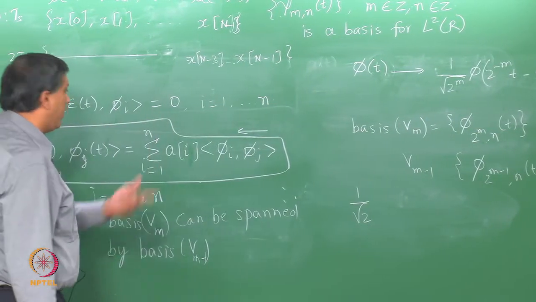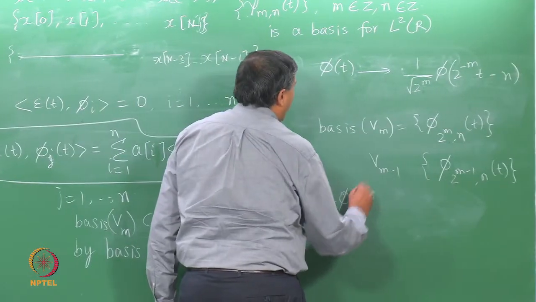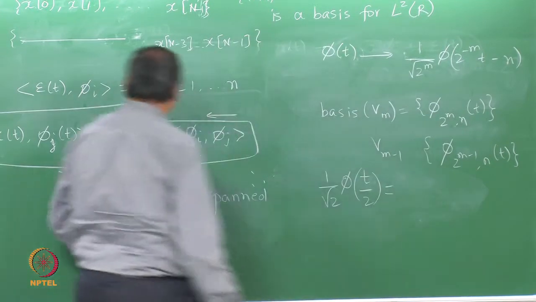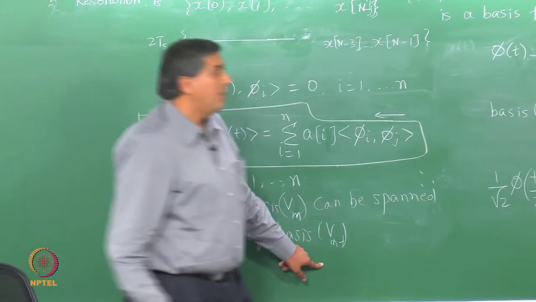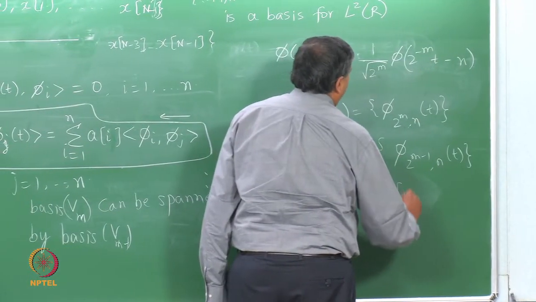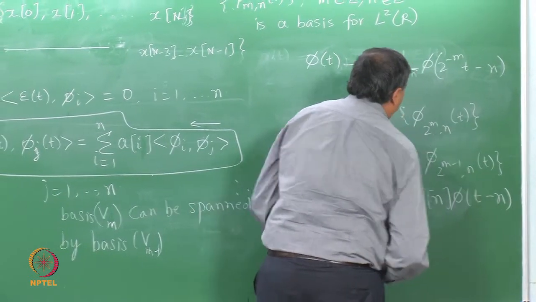I am just saying any one basis function, which is 1 over root 2 phi of t by 2, can be expressed as a linear combination of the basis for V naught. V naught basis functions are phi, and that is what we have essentially.